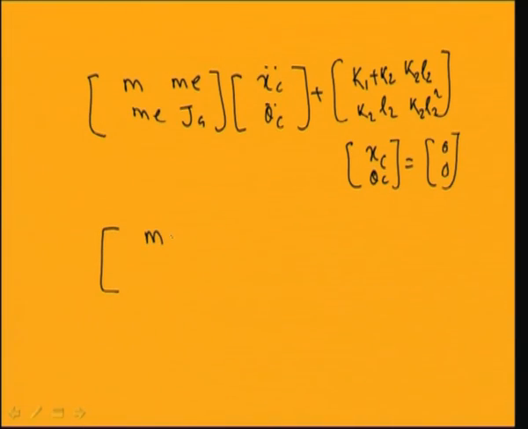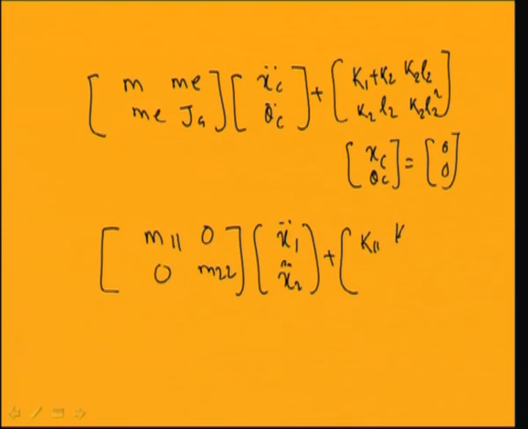So by changing the position of the coordinate system, you can get the equation of motion reduced to a set which looks like this. M11, 0, 0, M22, x1 double dot, x2 double dot plus K11, 0, 0, K22, x1, x2 equal to 0 0.